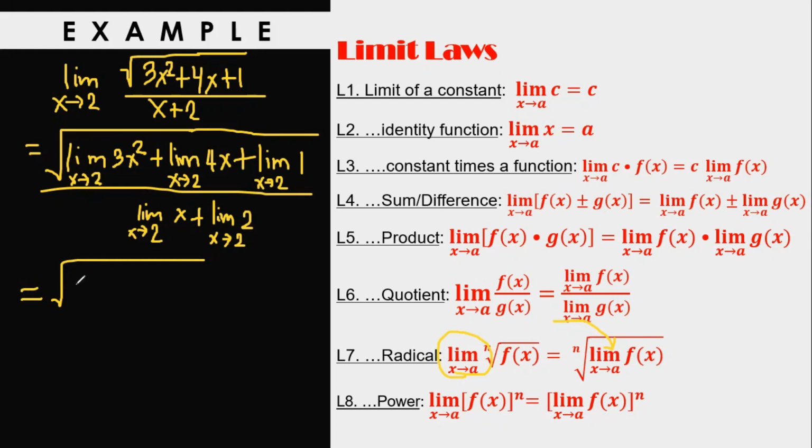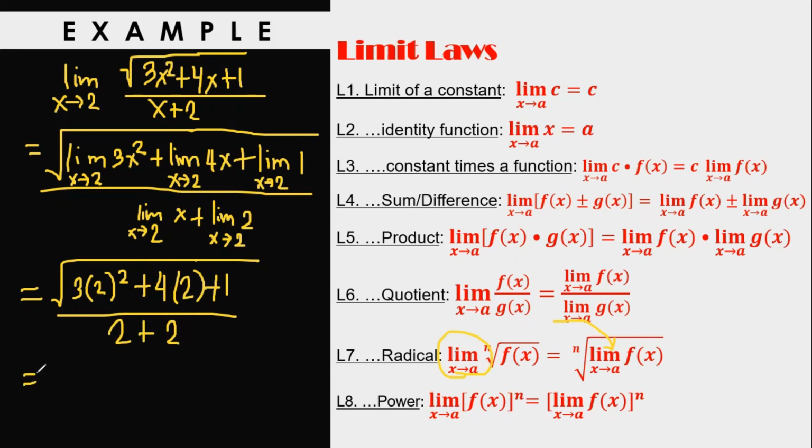So 3x squared, substitute the x by 2 since the approach is 2, plus, it is still squared, do not forget, plus 4 times 2 plus 1 over 2 plus 2.